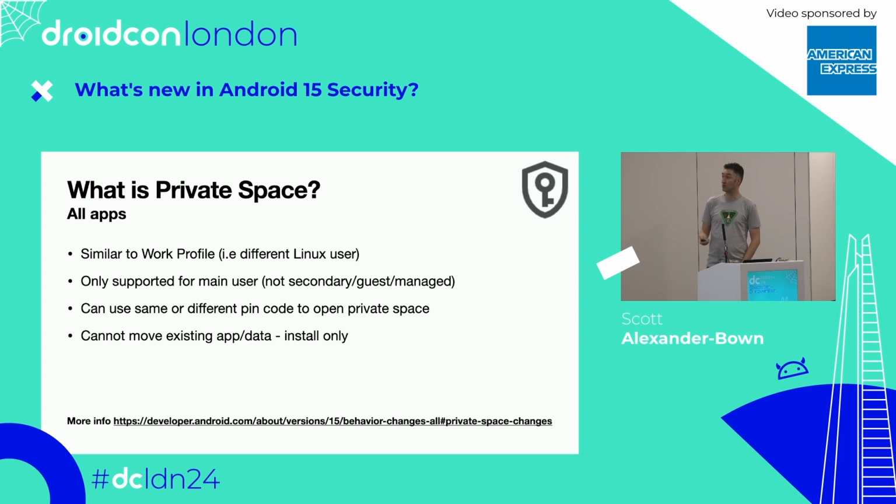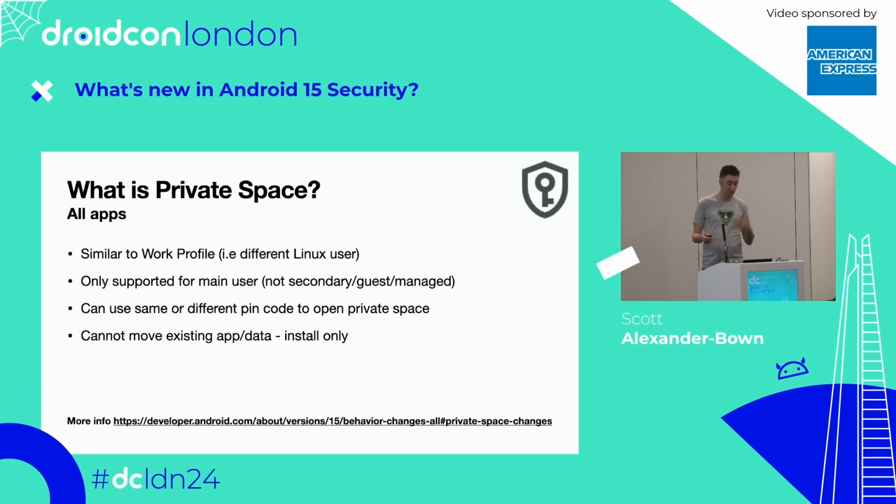You don't have to use a separate Google account for that private space, but it kind of defeats the object, I think, of having a segregation of accounts if you've got your same Google account logged into your main device as well as private space.